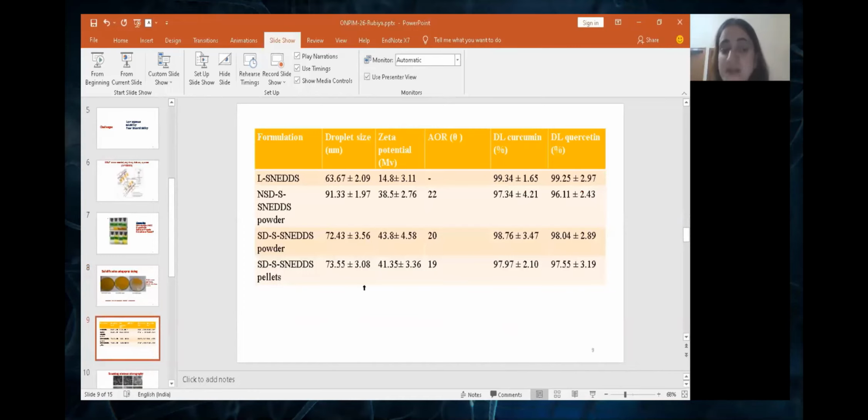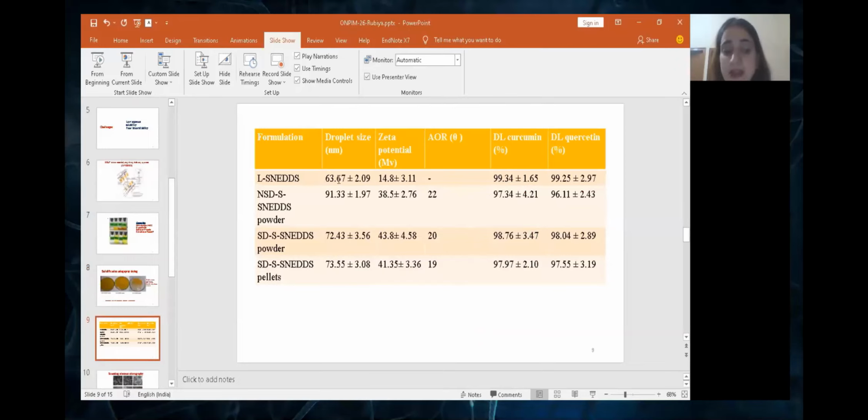Then the droplet size, zeta potential, angle of repose, and drug loading were calculated for all these batches. After solidification, there was not much effect on the drug loading and angle of repose, zeta potential, or droplet size.